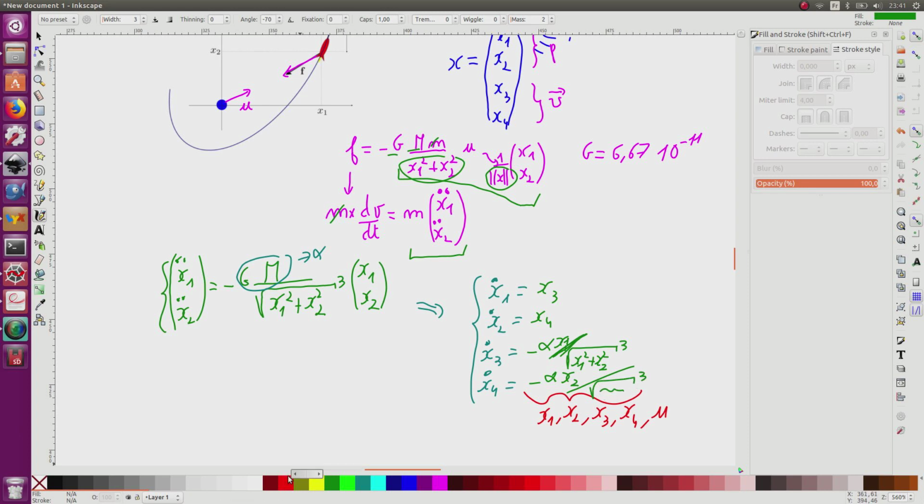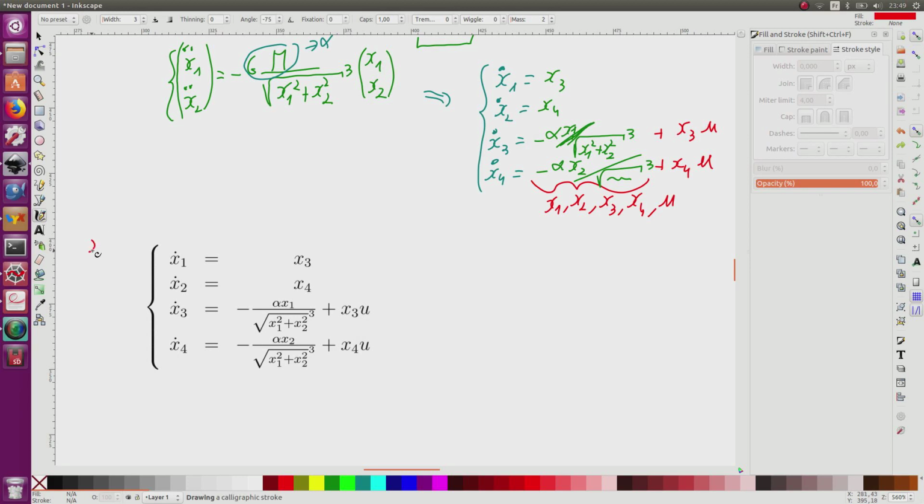Now I need to add something. I control, through u, something which has the same orientation as the speed vector, so something proportional to x3, x4, and this way I add the control u.